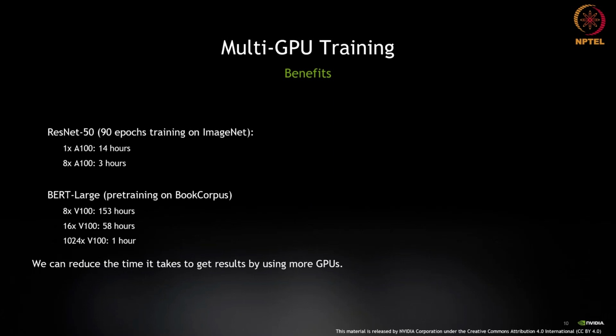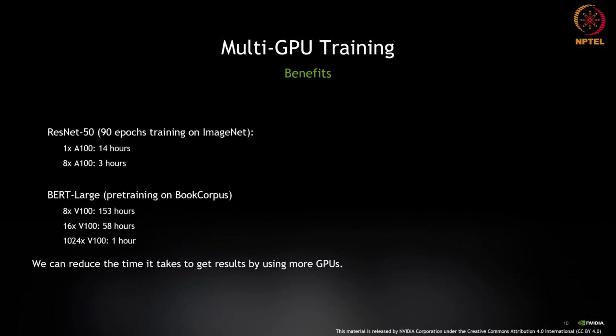And if I take a node, say a DGX machine which has 8 A100s, and surprisingly, you will see in tomorrow's lecture, most of your frameworks also support multi-GPU programming. If you provide it with 8 A100s, the time reduces from 14 hours to 3 hours. This is computer vision. What about another?